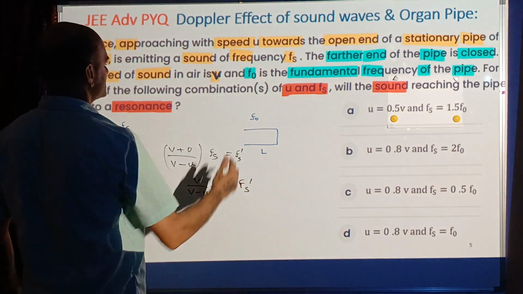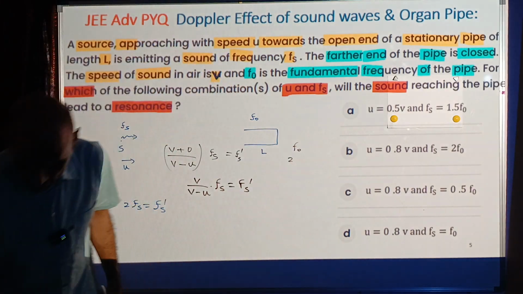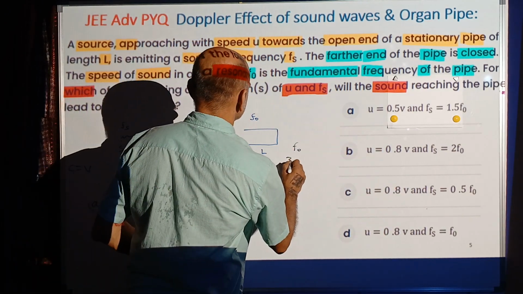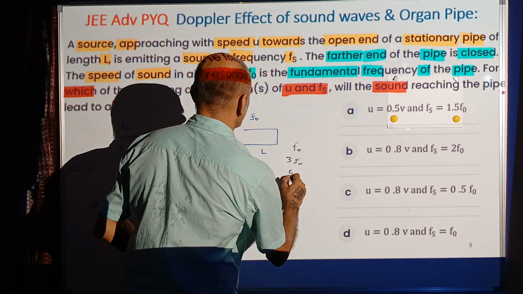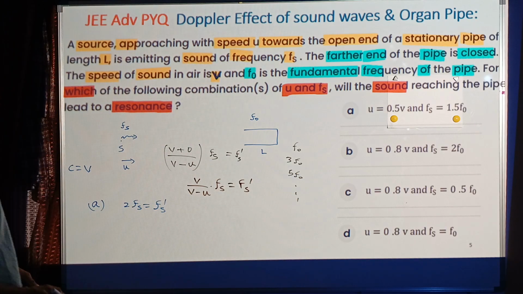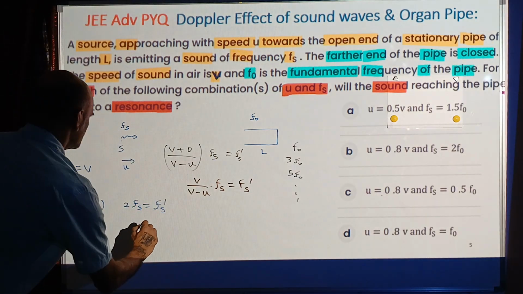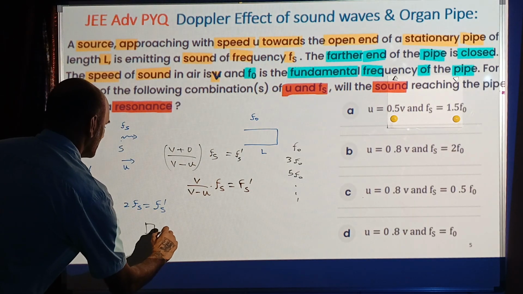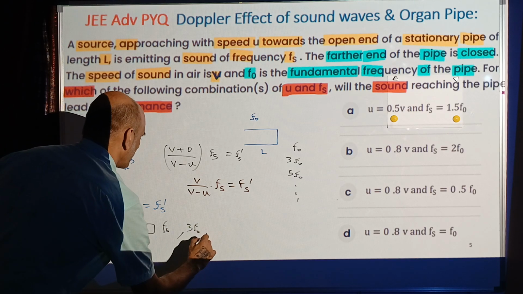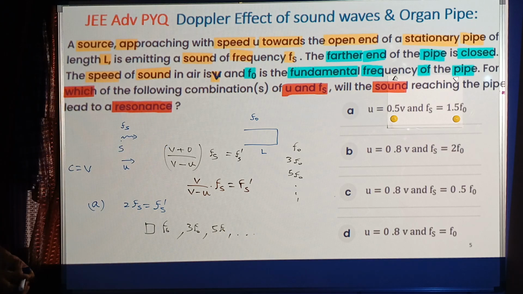The frequencies that can exist in this pipe are f0 and odd harmonics. The next higher harmonic is 3f0, next will be 5f0, and so on: 7f0, 9f0, 11f0, like that. So if this 2fs, which is the frequency of the sound as it reaches here, matches with either f0 or 3f0 or 5f0, then there will be resonance.